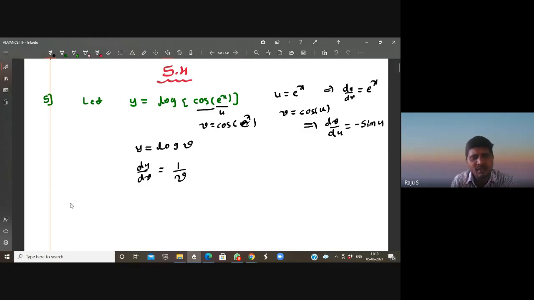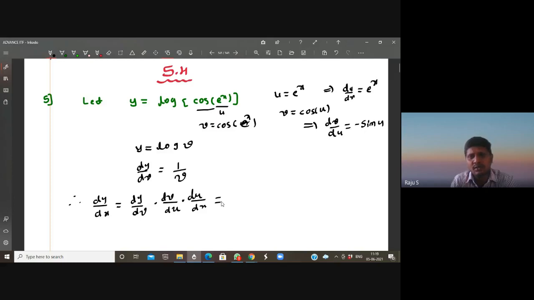After that, dy by dx can be written as dy by dv into dv by du into du by dx. Understood? The dv and du cancel, and we get the same dy by dx.